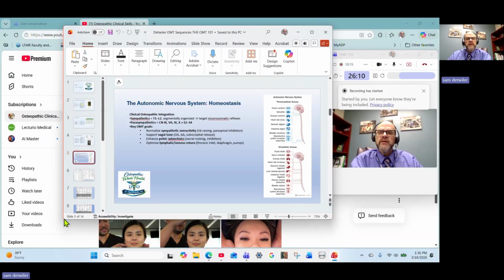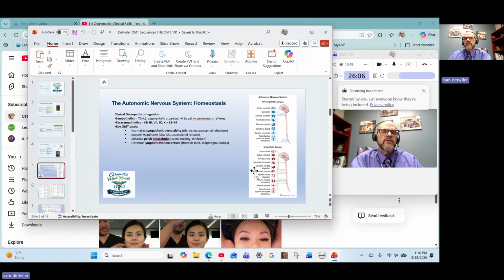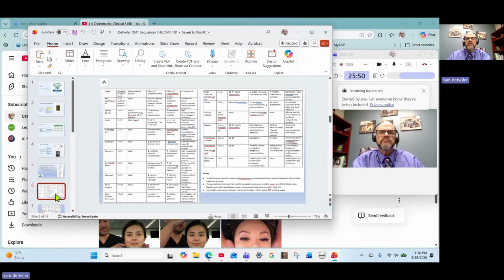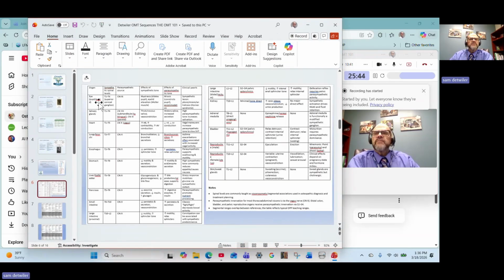And if you look at this nice little summary over here, it will give you some idea of the parasympathetic divisions of the cord and the sympathetic divisions of the cord, and kind of an overview of the end effect they have on some of the organs. This particular diagram right here is a staple in osteopathy.